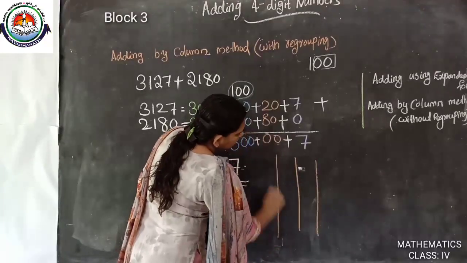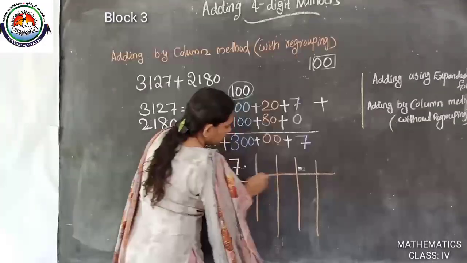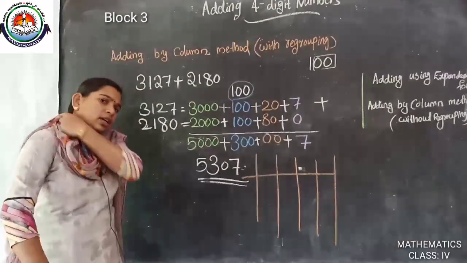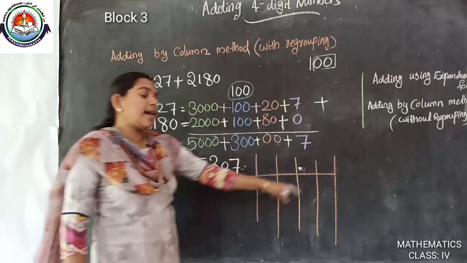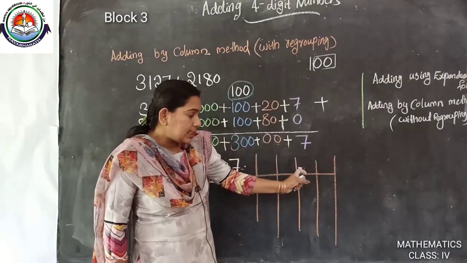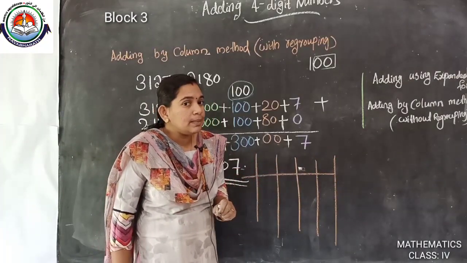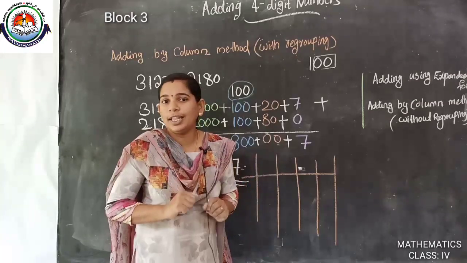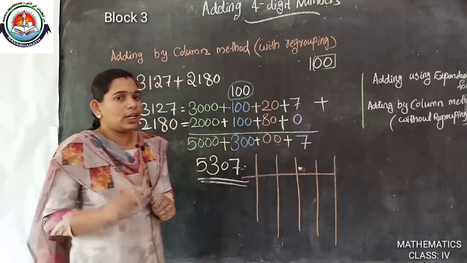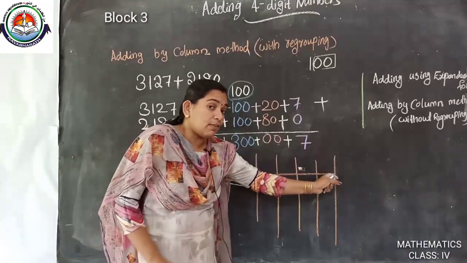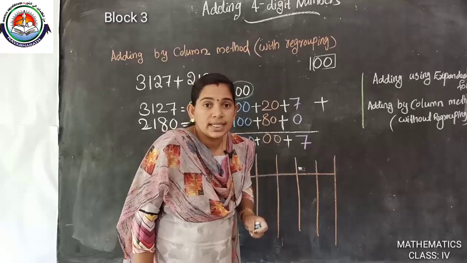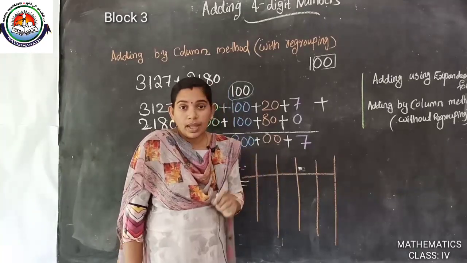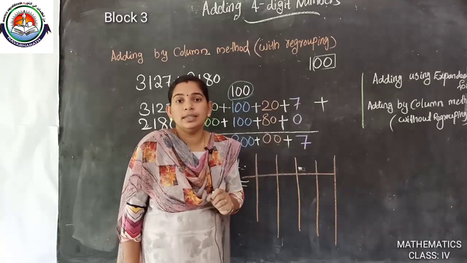4 columns. We want to mention which place is which. We know that from the right side is ones place, second column is tens, then third is 100, fourth is 1000.